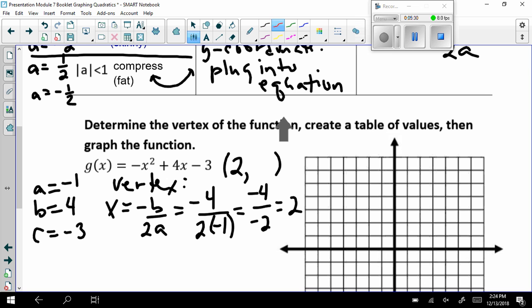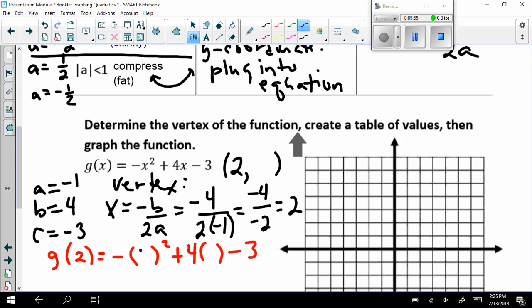To find my y-coordinate, I'm going to go back to my function, and I'm going to plug in 2. So I'm going to do g of 2, and I'm going to take out my x, and I'm going to plug in 2.